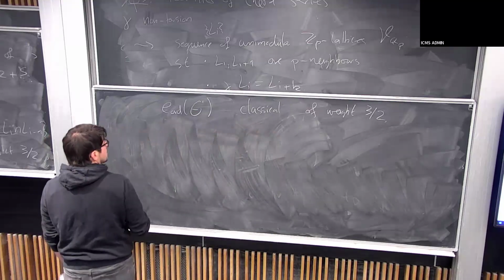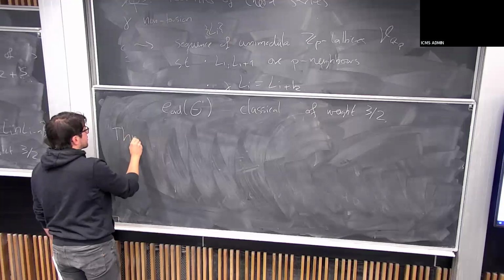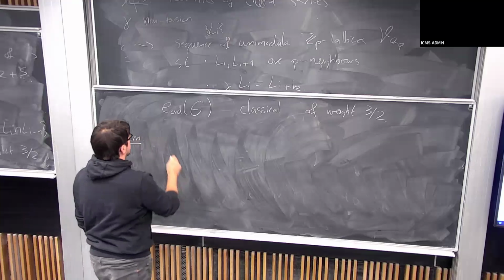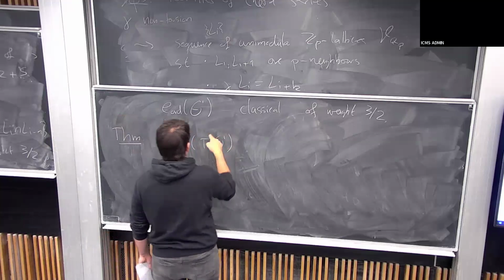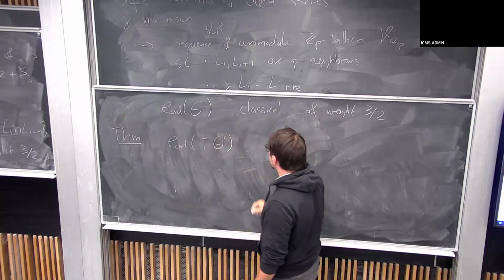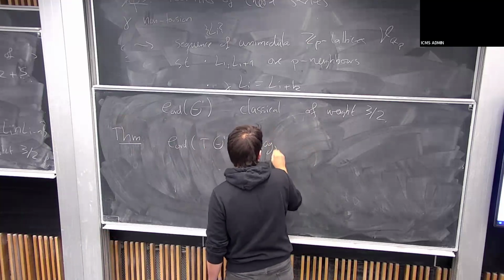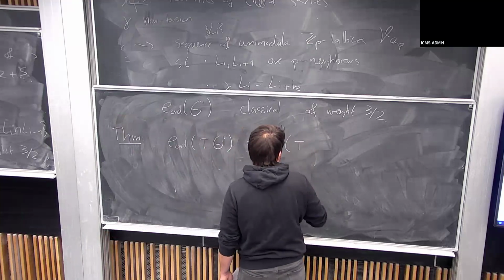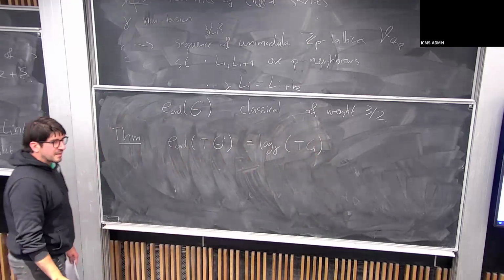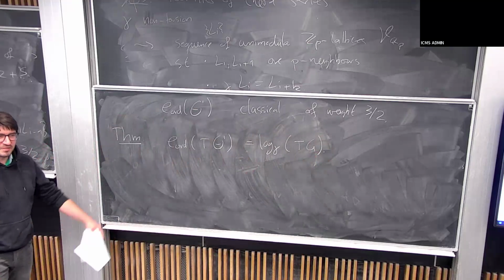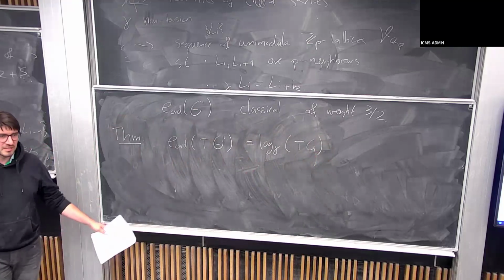So somehow our main theorem is that E_ord, and you really have to hit the thing with the same Hecke operator as before, is the log gamma of G. And I mean, this is just an explicit calculation. You have an explicit formula on both sides, and then you just calculate.